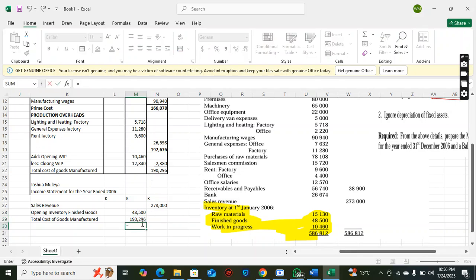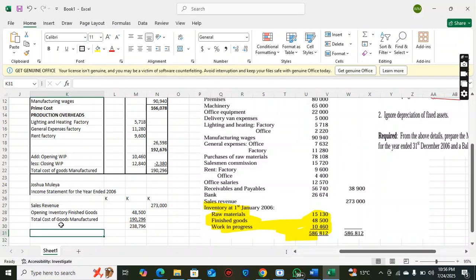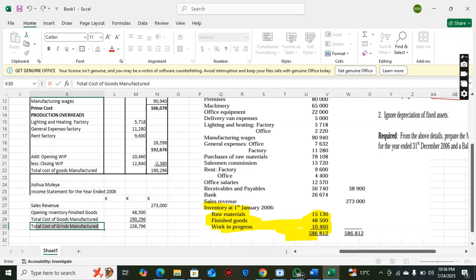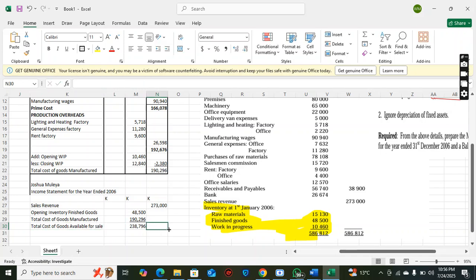Yes, so this is the total cost of goods available for sale. Then what next?